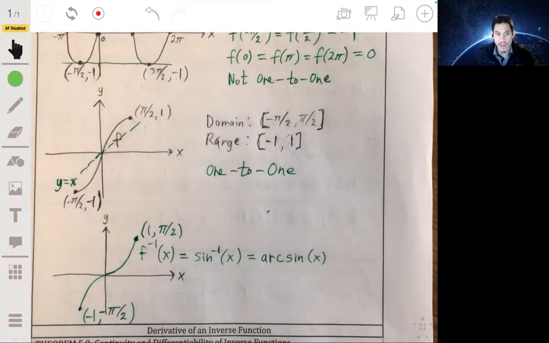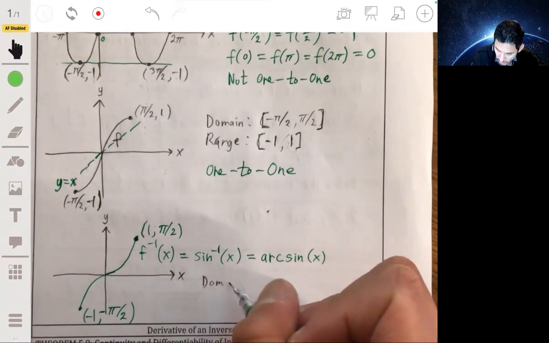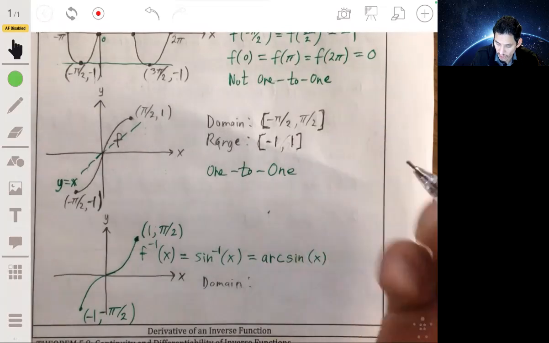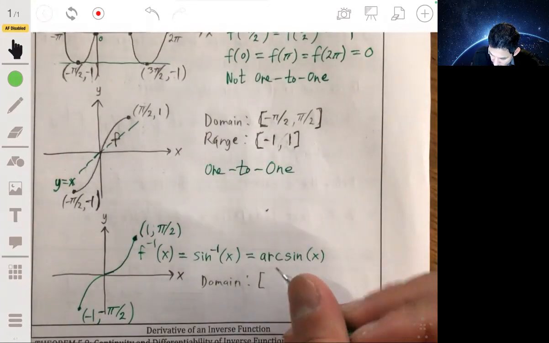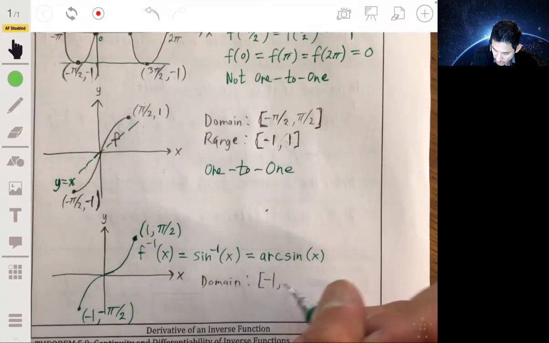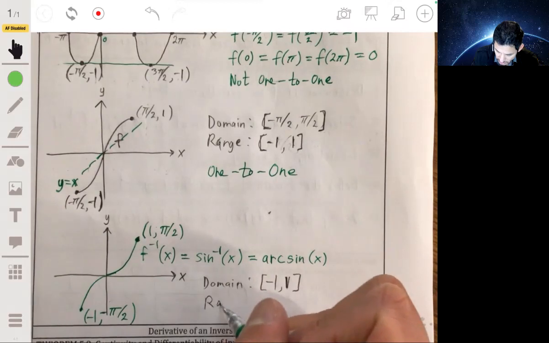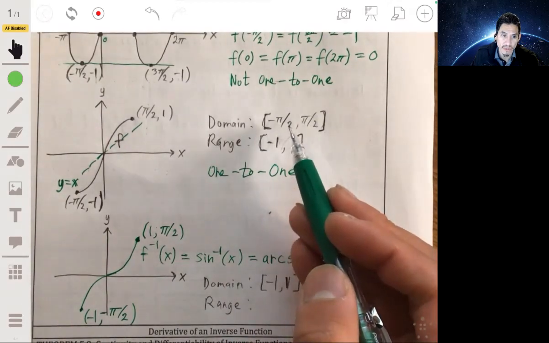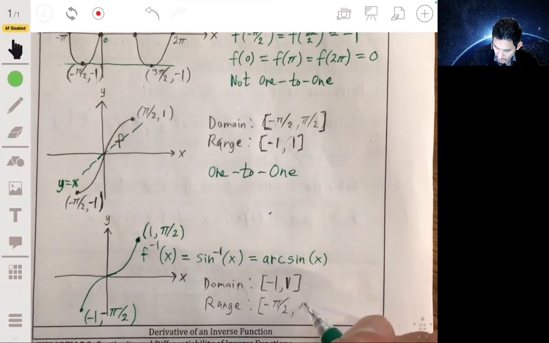So then the domain of the inverse function is the range of the original function. So the domain becomes -1 to 1, and then the range becomes the original domain. So the range becomes -pi over 2 to pi over 2.